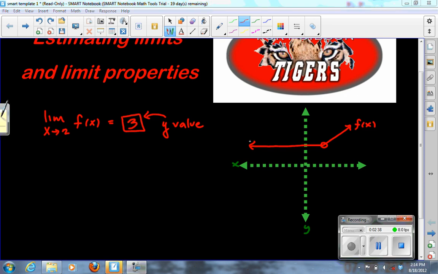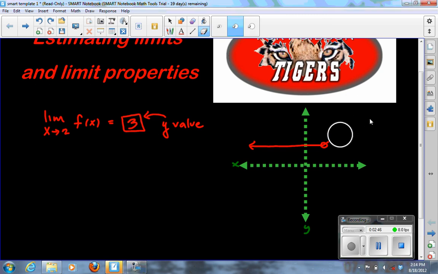Now you must approach the same number from both sides, and that's why this limit actually exists. If I were to take this function and change it to make it look like this, maybe with a break in it, then this limit would now not exist.